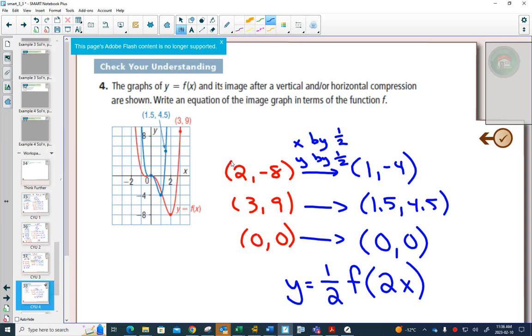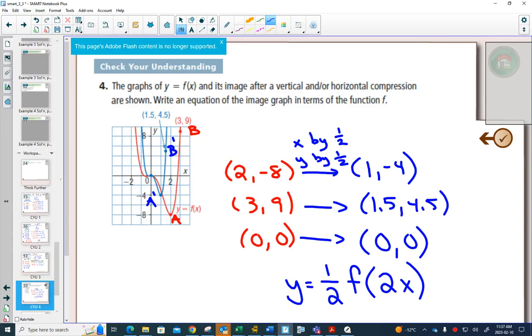Okay? What we're going to have to do in more complicated questions is we're going to label this point as A and this point as B on our original one. And on our image graph, we're going to say that A went here, so we'll write A with a little dash. We'll call that A prime. And this is where point B went.